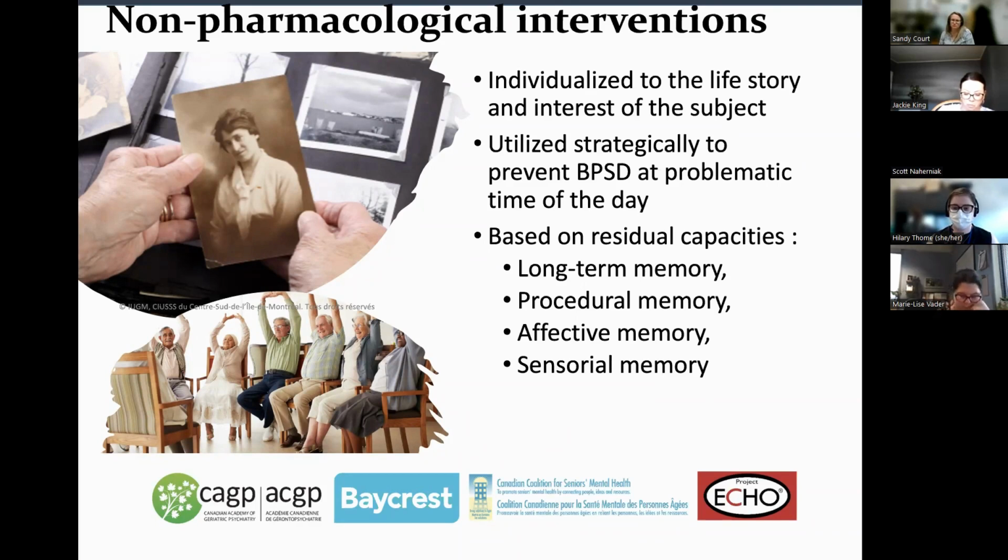And they should be based on residual capacities, which in Alzheimer's disease are more long-term memory, some procedural memory, and sensorial memory. That's why music therapy is often very useful, because those procedural and sensorial memories are preserved for longer in Alzheimer's disease patients.